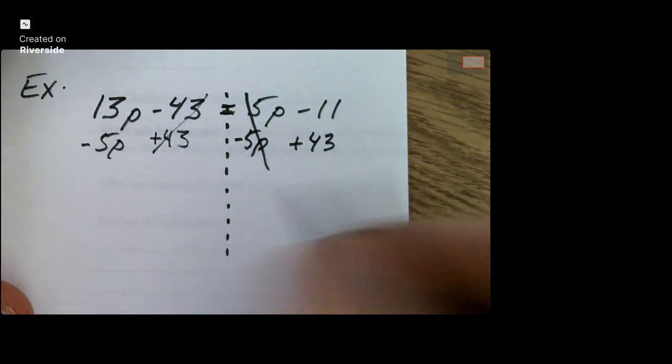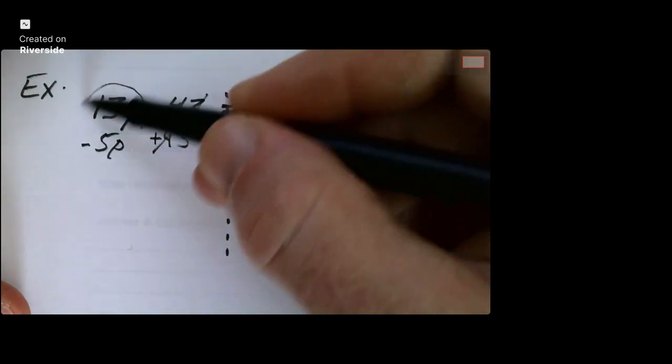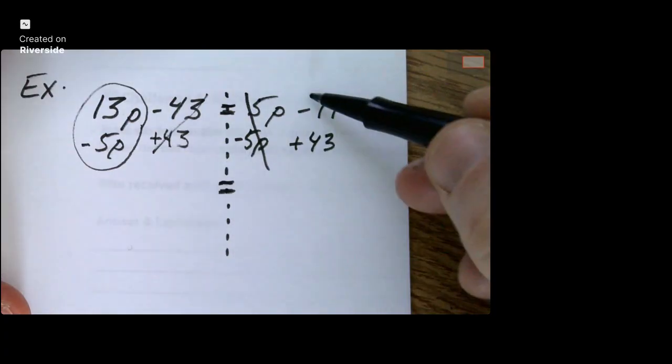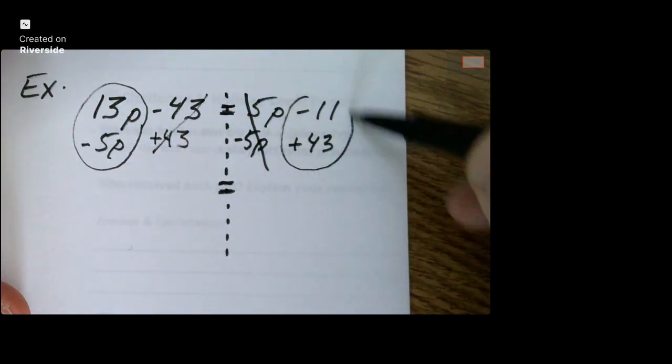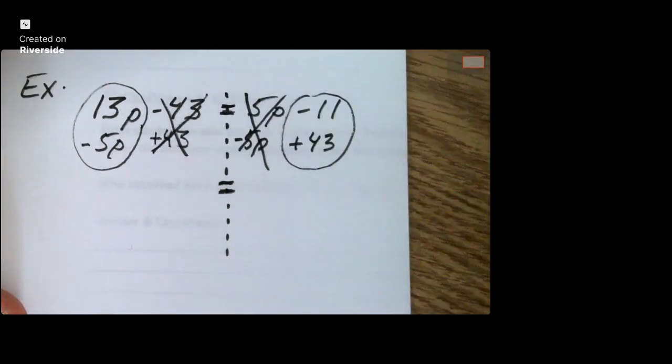All right, so now let's work down. So we still got our equal sign, the fence here, right? We've got a combination of variable terms. That'll be our new term here on the left side. And our constant terms here will be the new combination here on the right side. And these canceled out, they're gone, that's a 0. And these canceled out, they're gone, that's a 0.